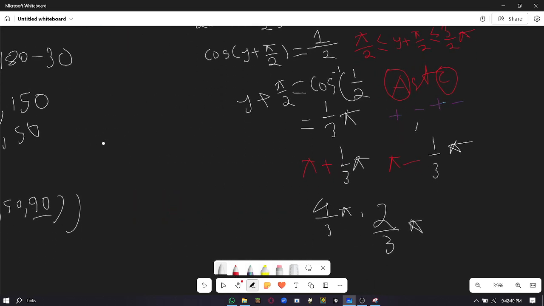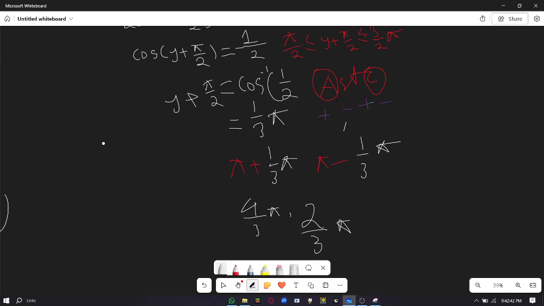Right now, what we have to do is go ahead and solve for x. X is y plus pi by 2, so y plus pi by 2 is equal to this.